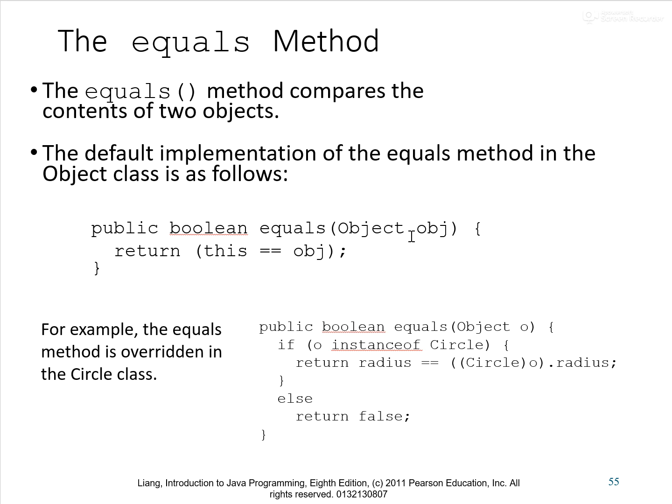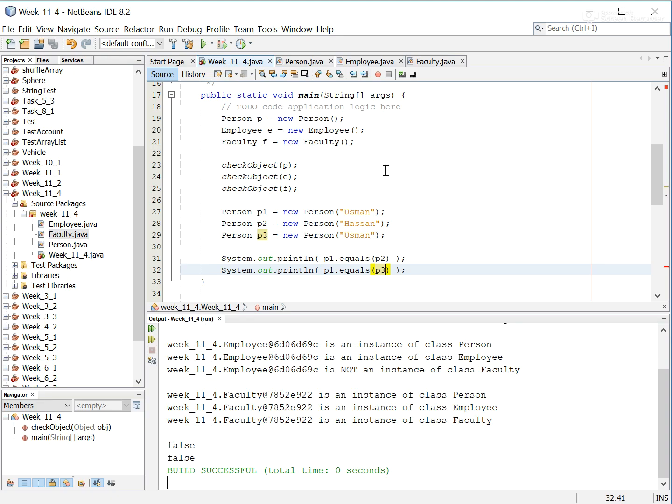Now for us, as we just saw, this one line does not work. In order for it to function the way I described it, we have to make some changes. We actually have to override it, just like we override the toString method.